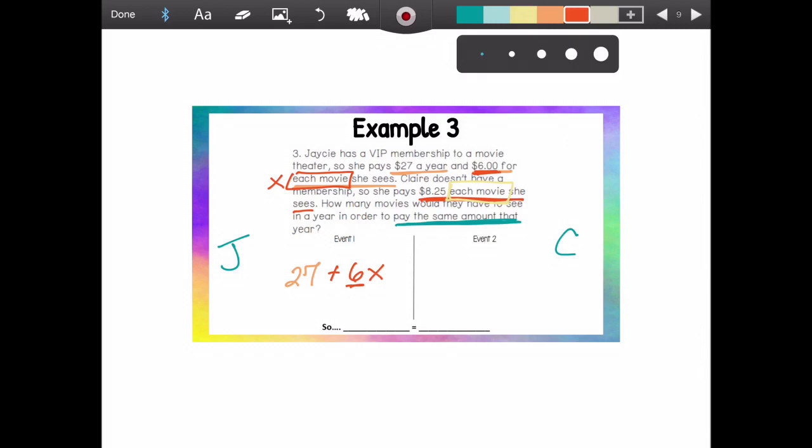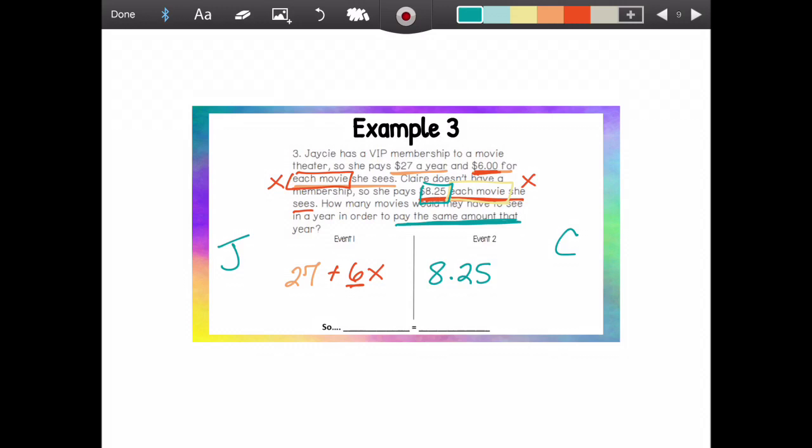Okay, so that's our variable x, but each time she's paying this $8.25. So that's our coefficient. So 8.25, and we have x as our variable. So when we set these equal to one another, our equation should be 27 plus 6x is equal to $8.25 times x. All right.